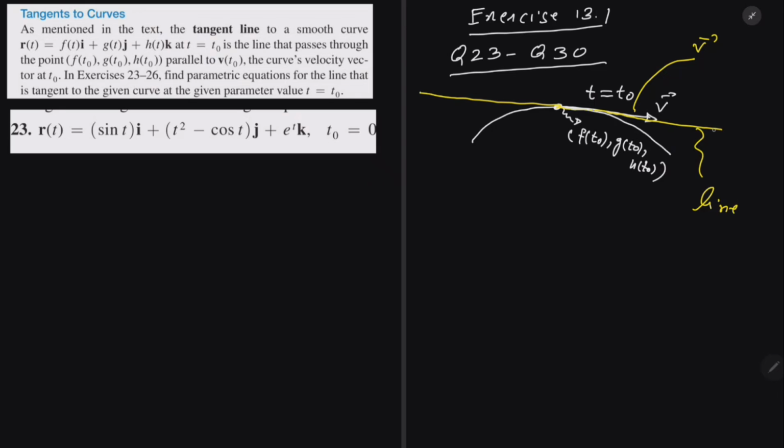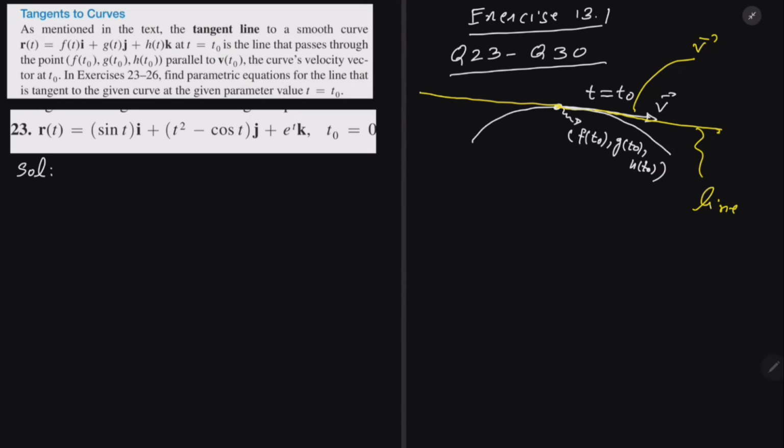So we need to find the parametric equation of the line. Any function can be written as parametric equations, and a line can also be written as a parametric equation. Here we solve question number 23, and the next questions are the same, but I will solve them for you as well. I already have written those questions for you.